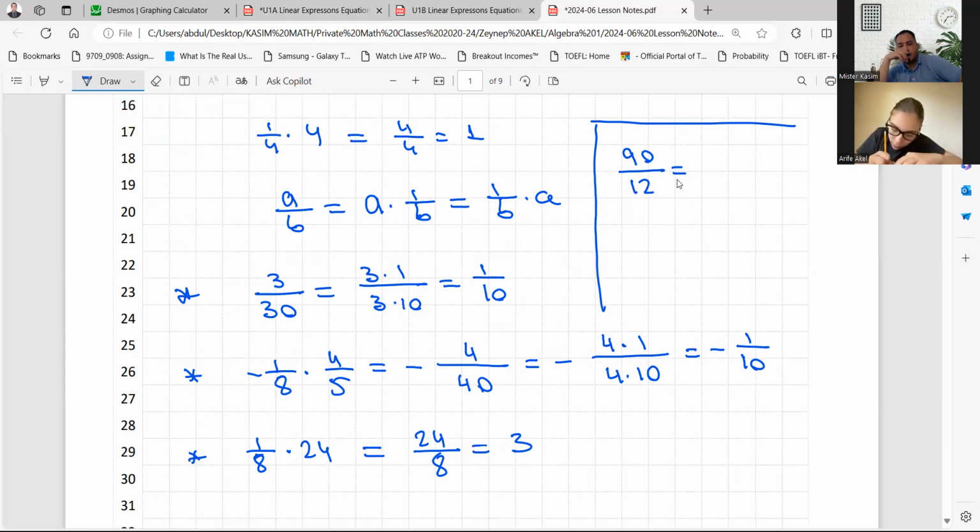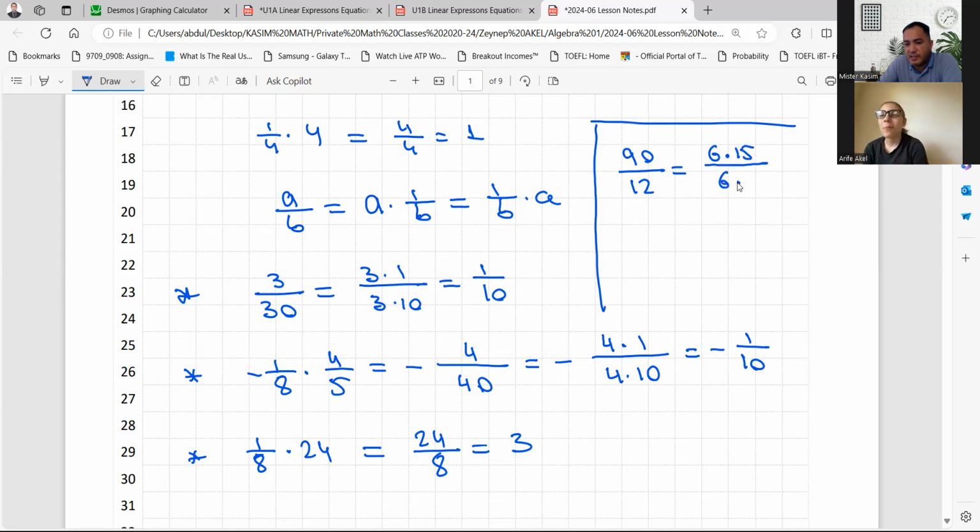I divided 12 by 90, so that makes 8. 90, we can write 6 times 15.